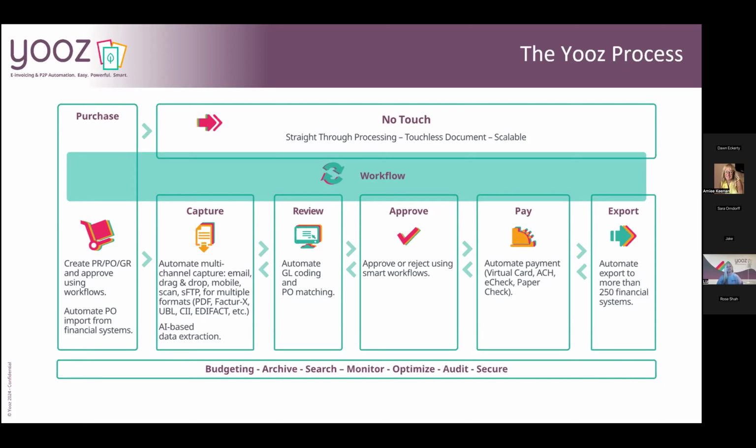Yooz also has an automated payment module called Yooz Pay. So we can automate that process for you, from having to cut checks or upload an ACH batch to your bank. That can all be done in one single click to release that payment batch that will deliver to your vendors in their preferred payment method of ACH, mailed check, or virtual card.